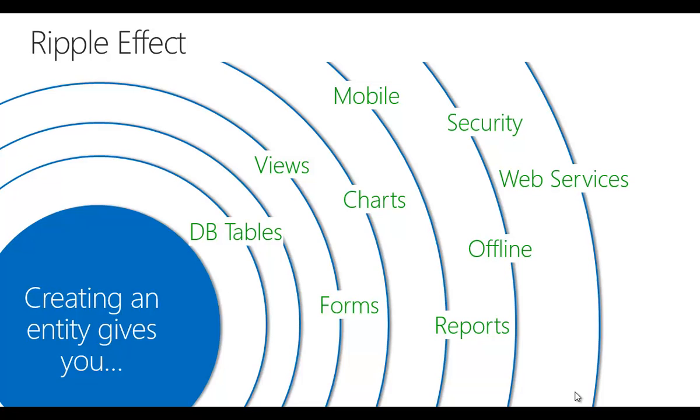When you create an entity, you get database table infrastructure created for you. So unlike some technologies that have this relational-like feel to them, but store the actual data in a fixed relational database schema, Dynamics CRM automates the creation of a relational database for you.